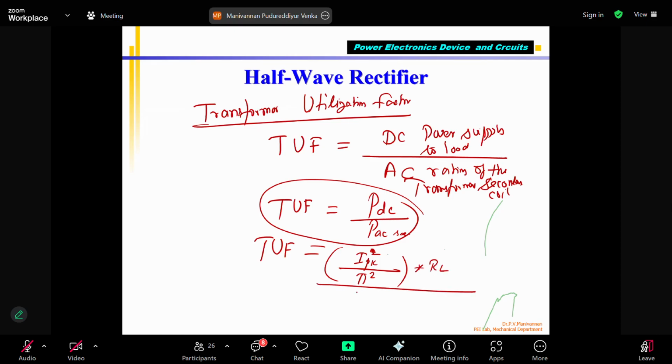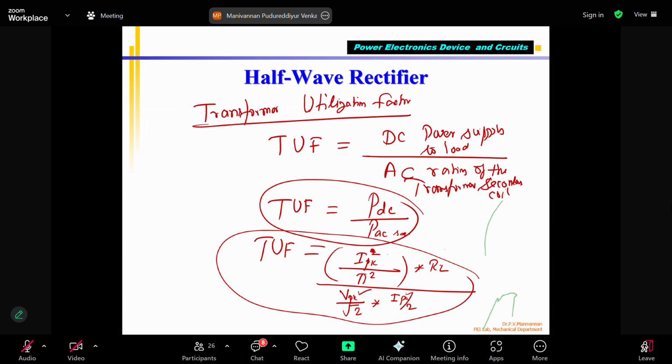The whole thing is divided by V peak divided by root 2 into I peak divided by 2. We know V peak voltage, I peak is given, and pi is 3.14. And here also RL, the load resistance. If you are given the load resistance, and I peak and V peak, then you can calculate the transformer utilization factor.